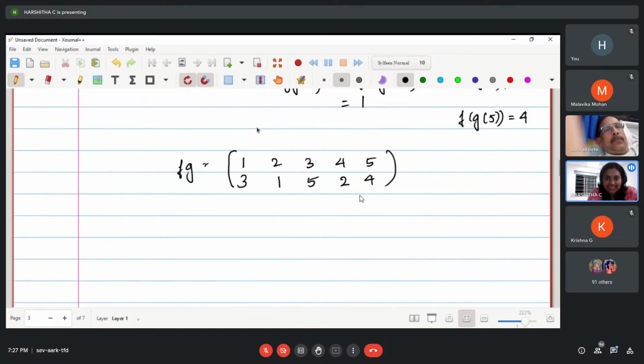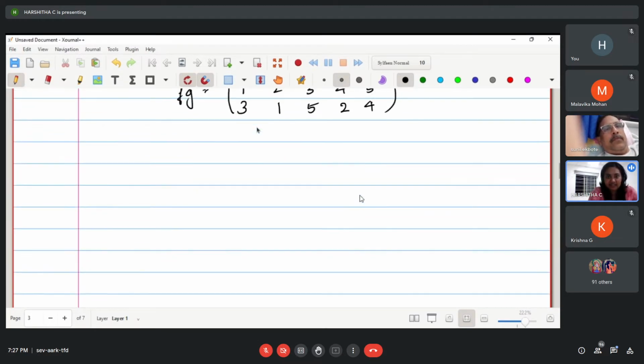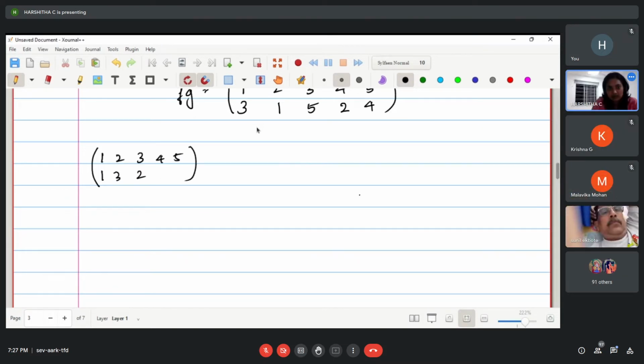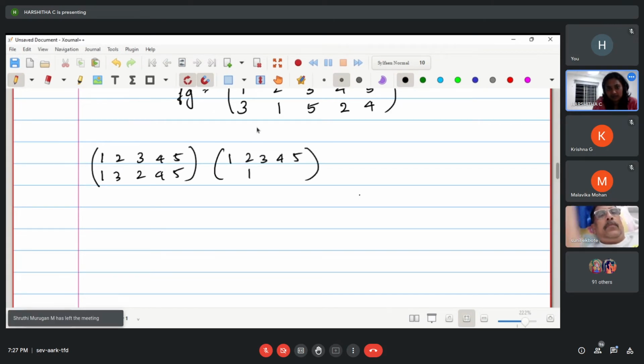I've just written it out for the sake of clarity. Let's just do one example without writing it into so many details. 2, 4, 5, 1, 2, 3, 4, 5.